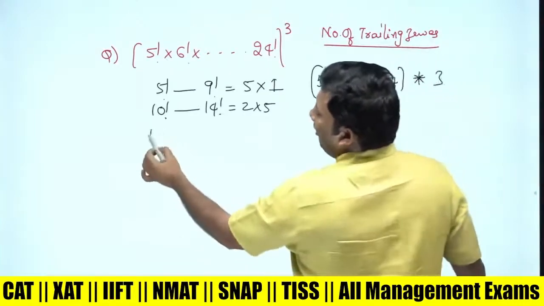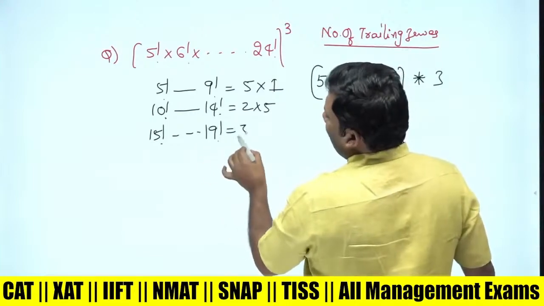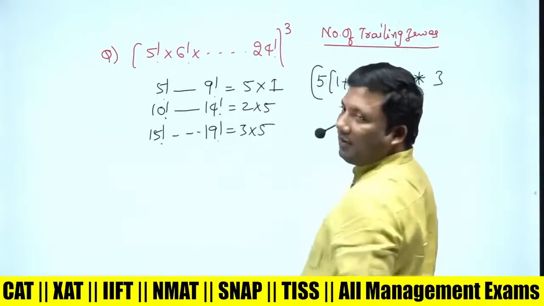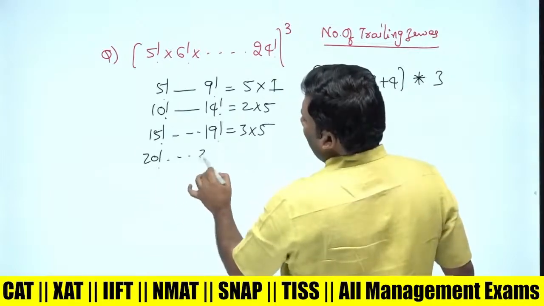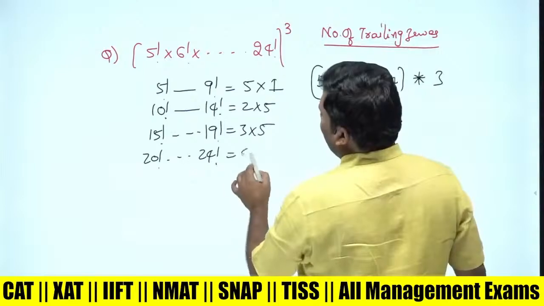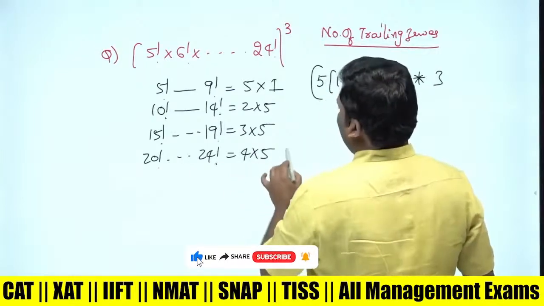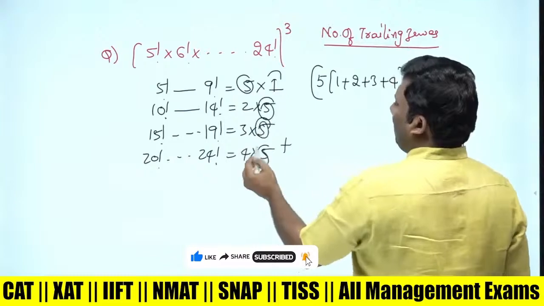Because 15 factorial till 19 factorial, 15 factorial contains 3 powers of 5. 3 into 5. Next will be 20 factorial and so on up to 24 factorial, I will get 4 into 5. So if I add it, 5 common, 1 plus 2 plus 3 plus 4.